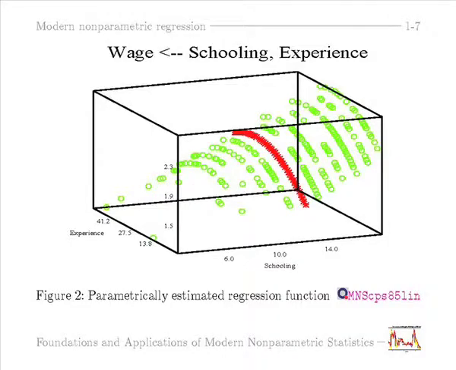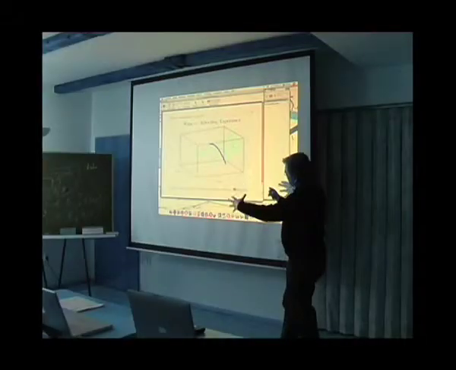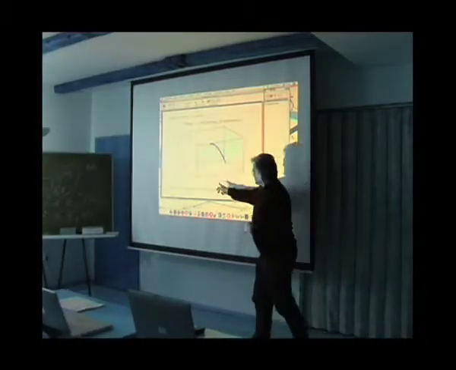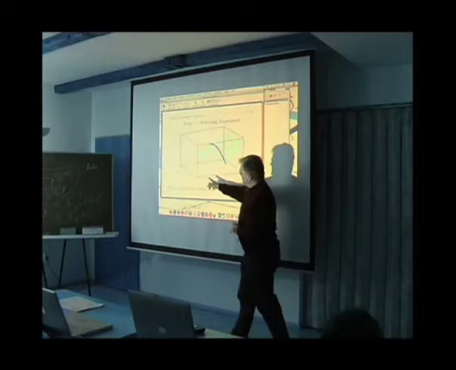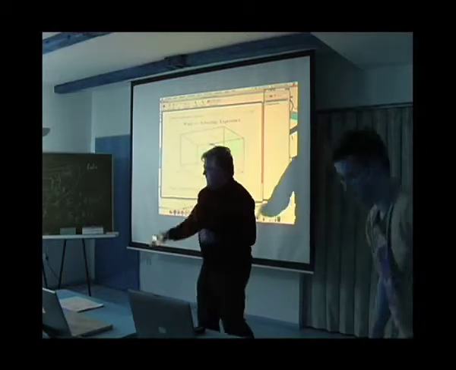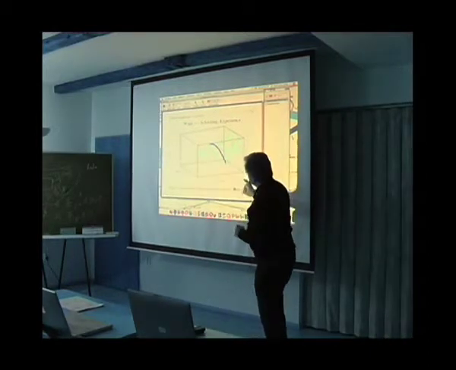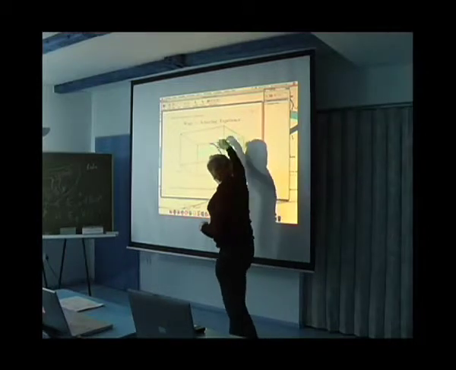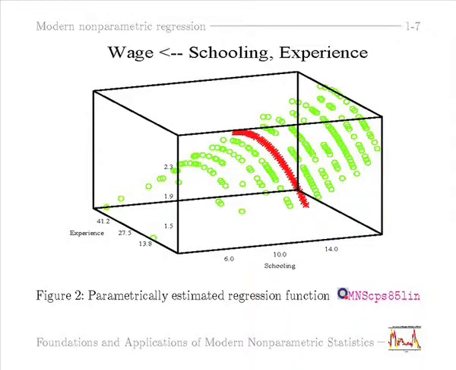In the parametrically estimated regression surface you will have this parabolic structure in terms of schooling and experience. In schooling it's linear, and in experience, which goes up here, it is parabolic, Procrustean bed, as I told you.